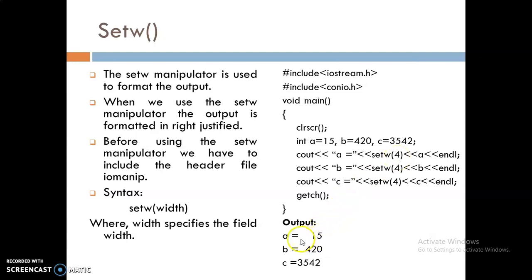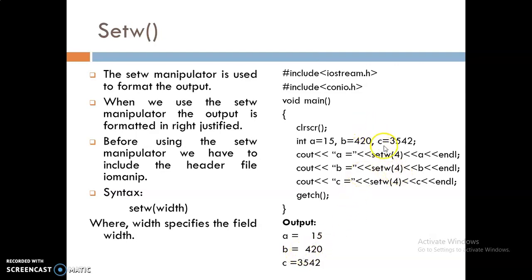So in the output here you will see 2 spaces are blank. Value is 15, but as the width is 4, that's why you will see 2 spaces blank. Similarly, the value of B is 420. It means there are 3 digits, but still one character is blank as the width is 4.